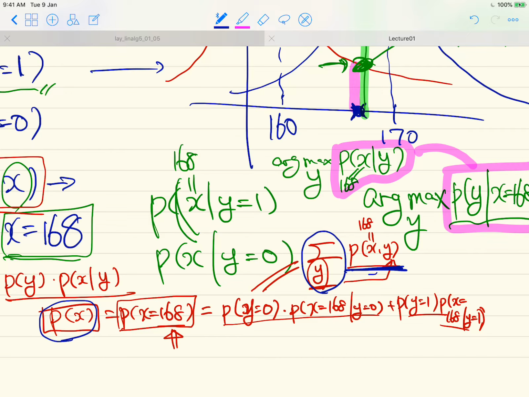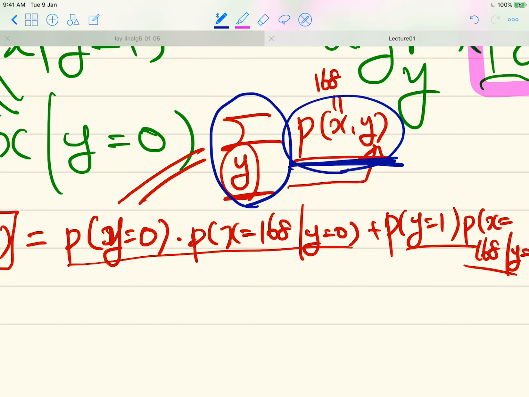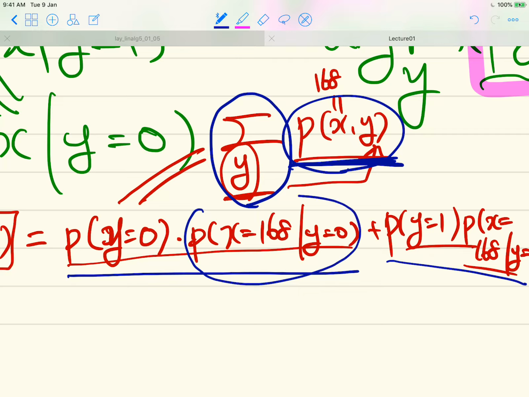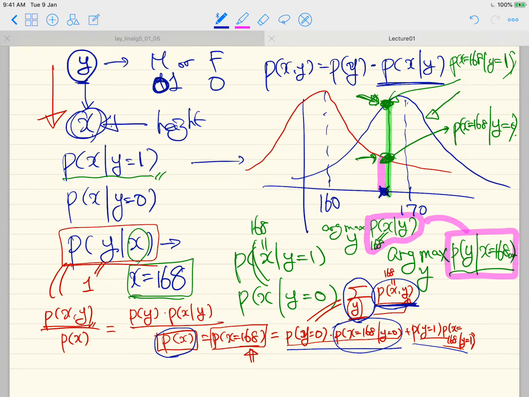So here, this joint distribution or joint density is determined or represented in this form, right? And up to this point, previously, we defined this distribution where y is set as female, and we define the distribution as this form, having the mean of 160 and having some variance.